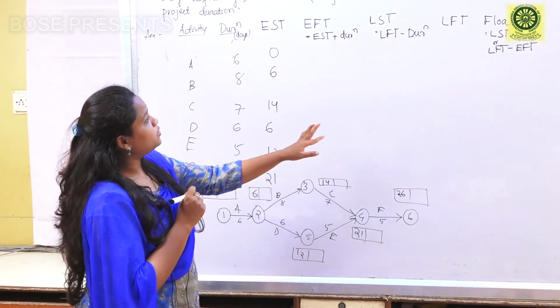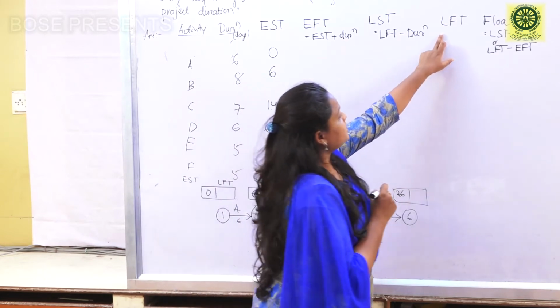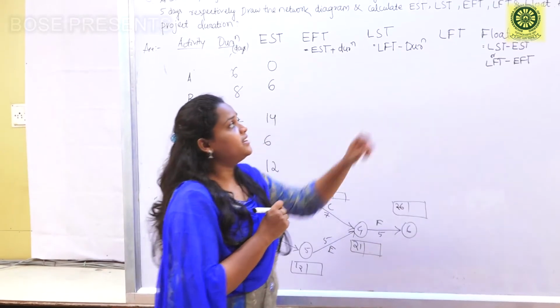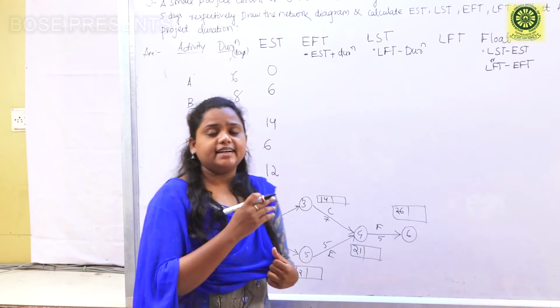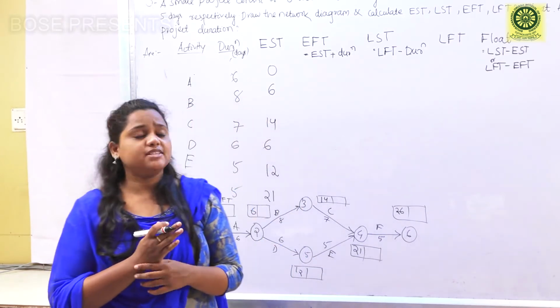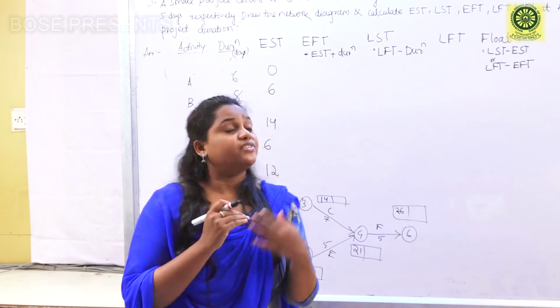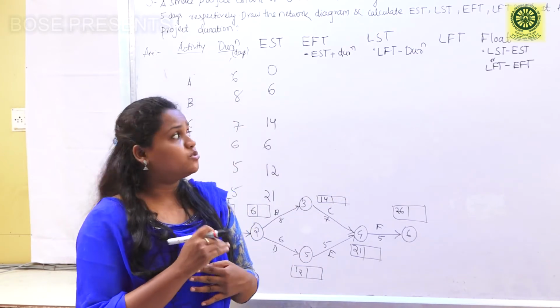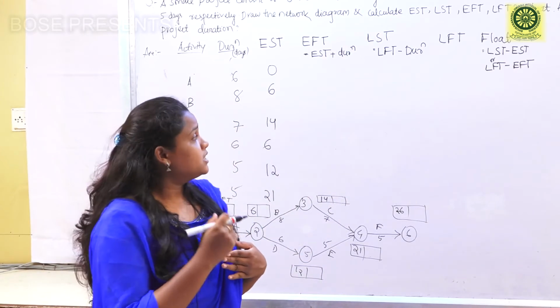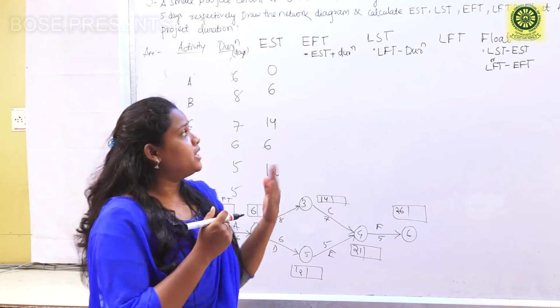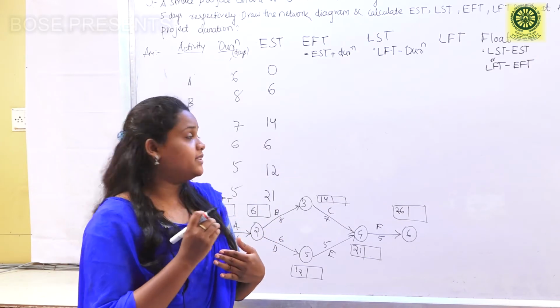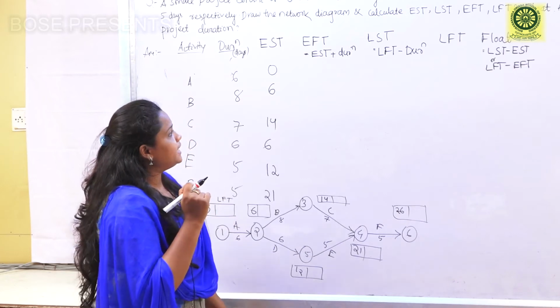Then come to LFT. LFT means latest finish time. It is the latest time required to finish an activity, as late as possible that we can finish an activity. So how to calculate LFT?